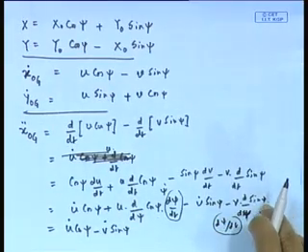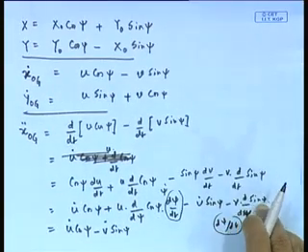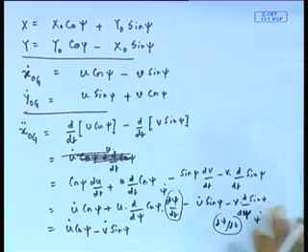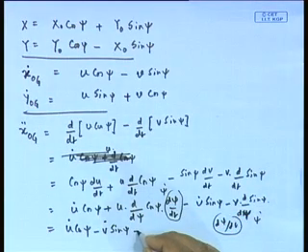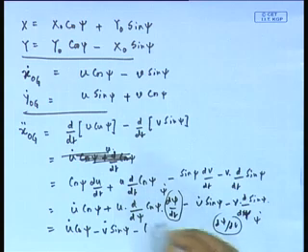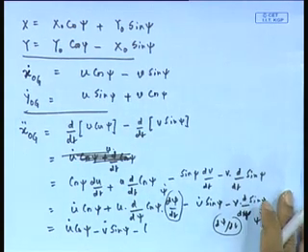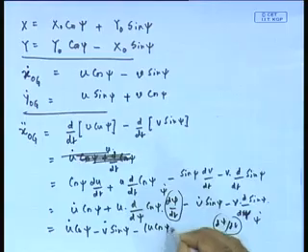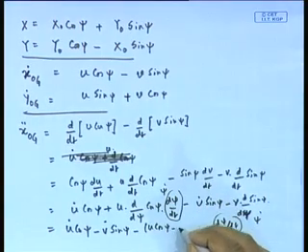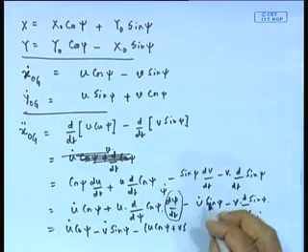And this term is what? d by dt of sin psi, this becomes cos. Okay. So, if you do that, this will become minus of, maybe I should go to the next page, u cos psi plus v psi, no sorry, u sin psi.